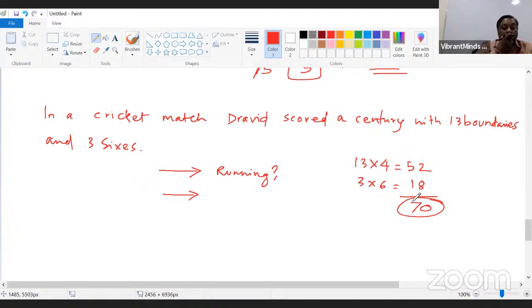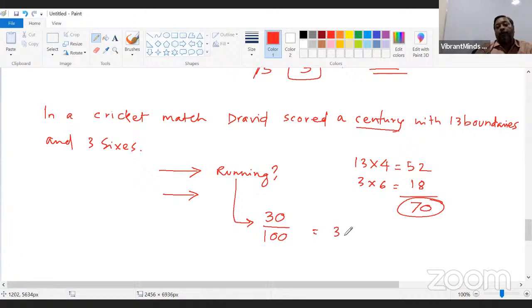So if he has scored 70 runs through boundaries in a century of 100, that means 30 runs through running, either through ones, twos, or threes. So can I say out of 100, 30 runs have been scored through running.